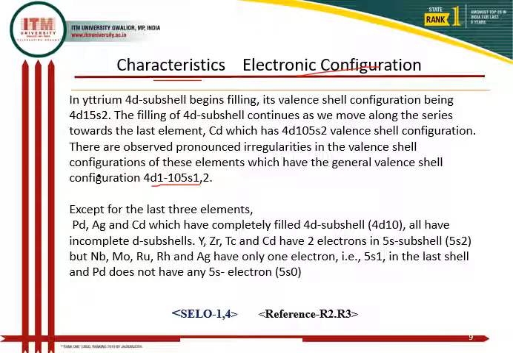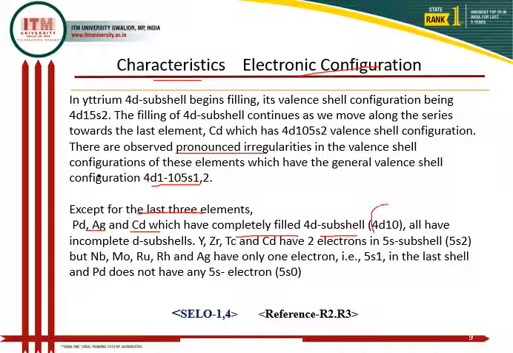So it goes like filling from yttrium to cadmium, but some irregularities were observed in the common electronic configuration which we have understood, except for the last three elements, palladium, silver and cadmium, which have a completely filled 4d subshell.